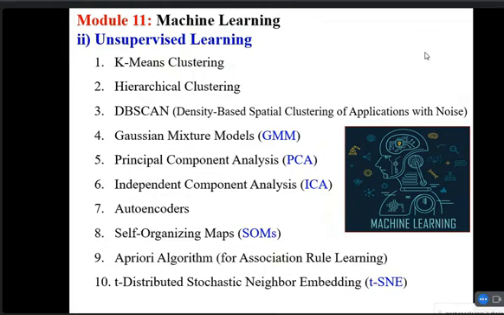Then we have the top 10 algorithms: K-means clustering, C-means clustering, fuzzy C-means clustering, hierarchical clustering, DBSCAN (density based spatial clustering of applications with noise), Gaussian mixture models, principal component analysis, independent component analysis, autoencoders, self organizing maps. We have the Apriori algorithm that comes under association rule mining, and t-distributed stochastic neighbor embedding, like t-SNE. These are the top 10 algorithms of unsupervised learning.